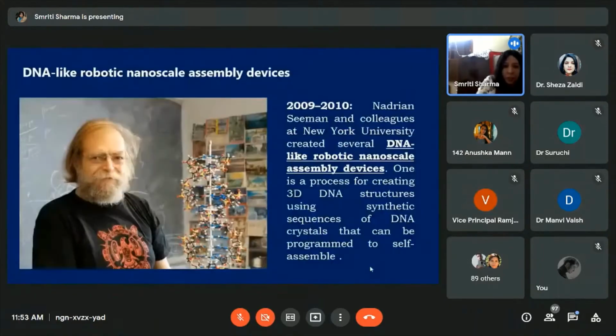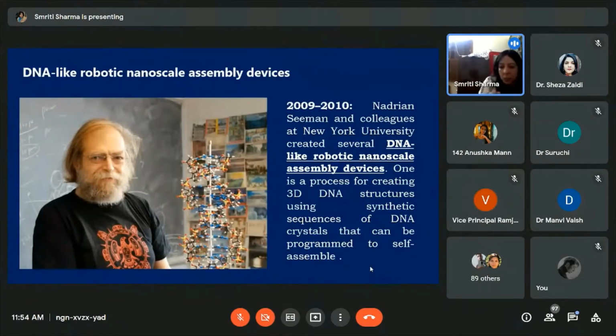So that is that. And the third generation of nanosystems I was talking about are molecules that can assemble themselves. For example, I gave you the example that I showed you, that phone that could heal itself. These are small scale molecules that can assemble themselves. That is a big thing in nanobiotechnology, and people want to make robotic nanoscale assembly devices.